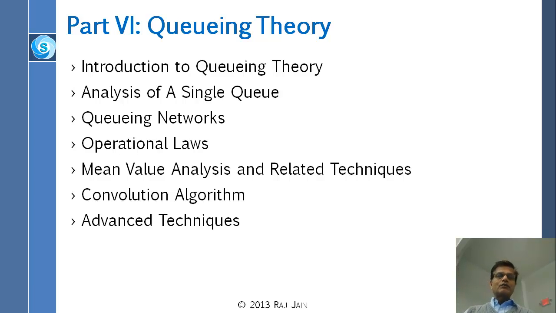So we will talk about what queuing theory is. How do you analyze the queue? By the way, why do we have to worry about queuing theory in computer systems? Jobs. Yeah, if you have 100 processes running, they are standing in the queue, and you decide which one to serve first.